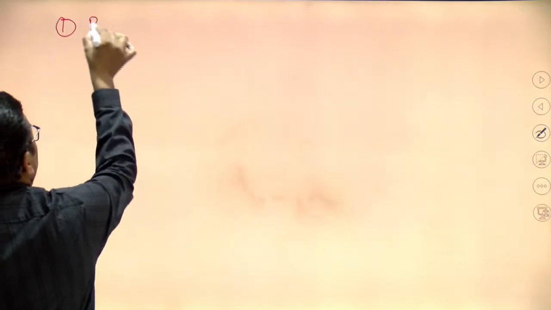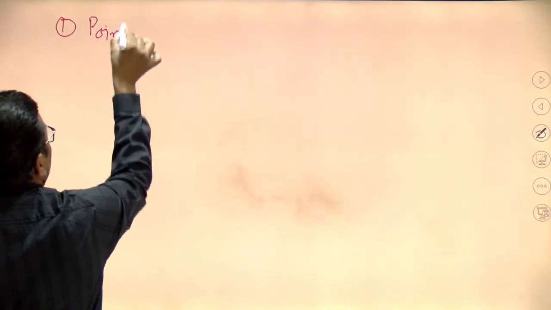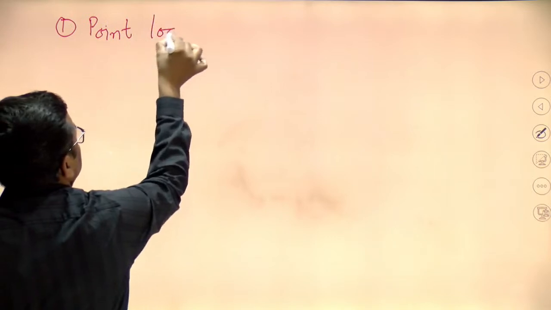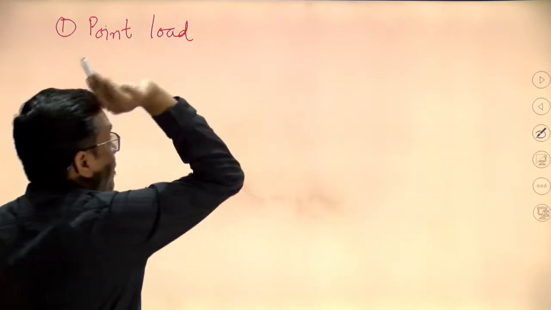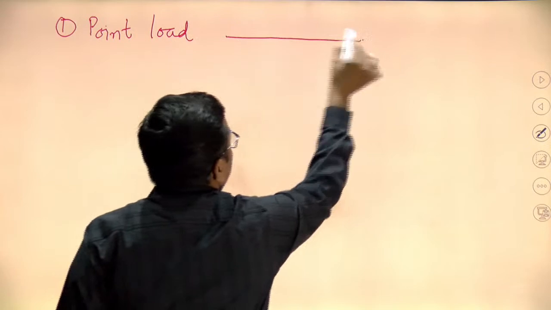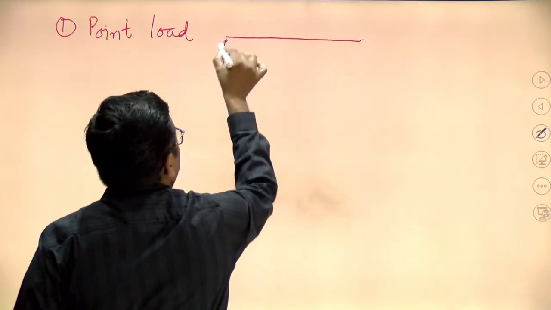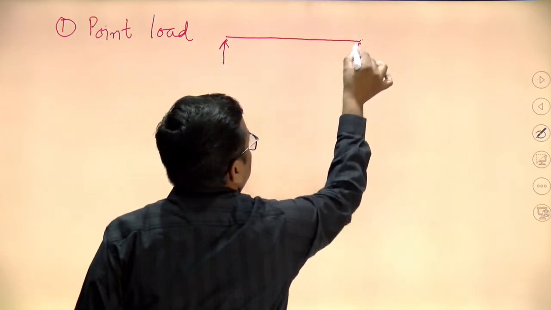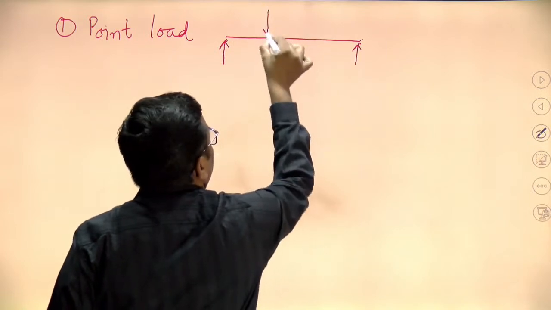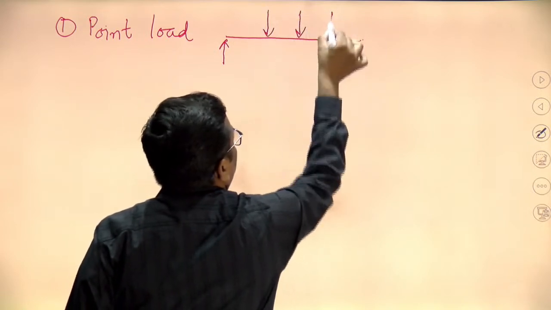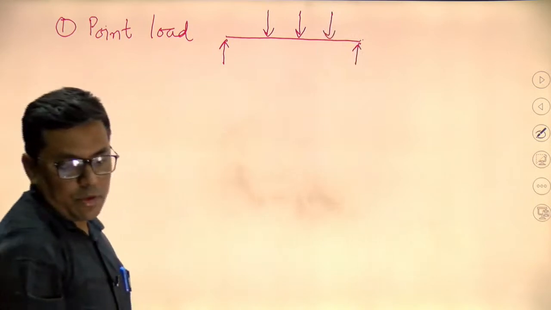Suppose one by one I am taking the loading conditions. First I am considering a point load condition. Very important one. I am drawing a very simple beam, nothing else.